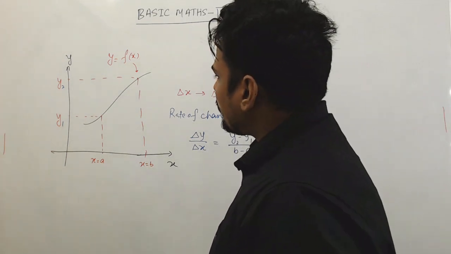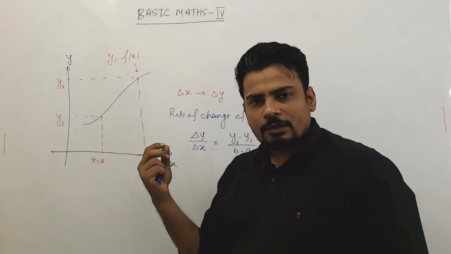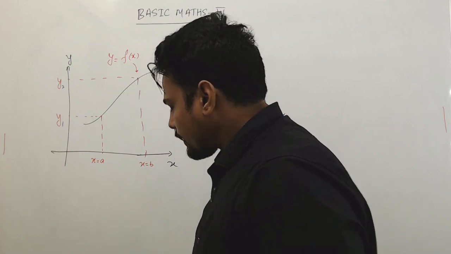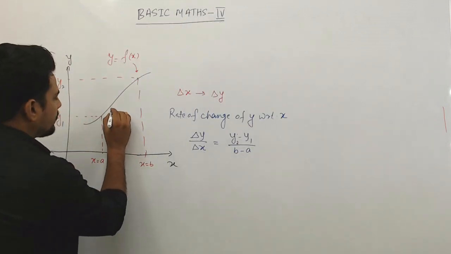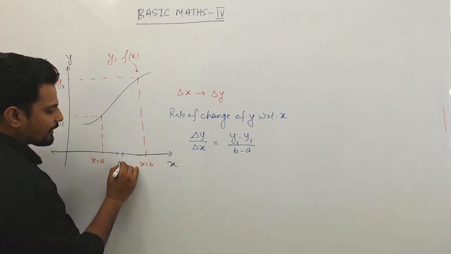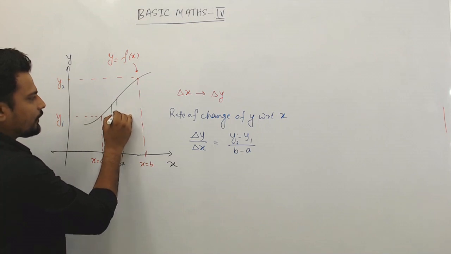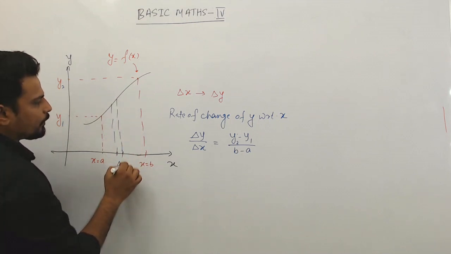Now, let us say I reduce this gap of a and b to a very small distance, maybe here. Let's suppose this is x, and a small change in x is measured, let's suppose delta x. For that small change, we're going to go through some small change in y.